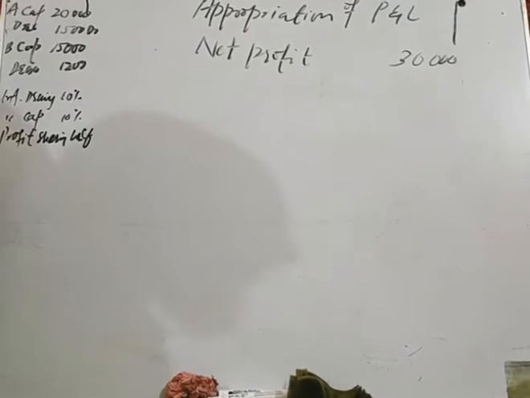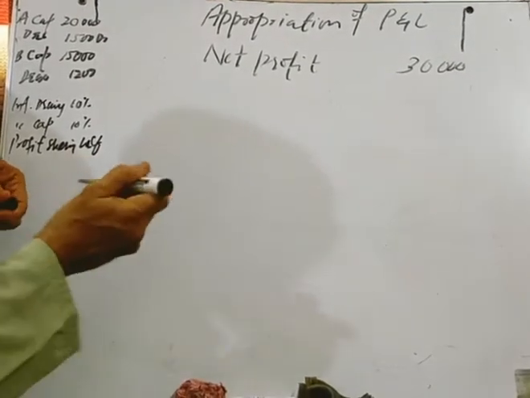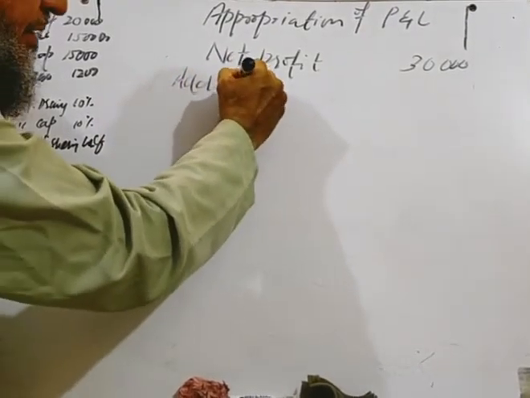Now net profit is 30,000. What we are going to do is implement the agreement, and first of all we talk about the interest on drawings, and interest on drawings is always added, right?